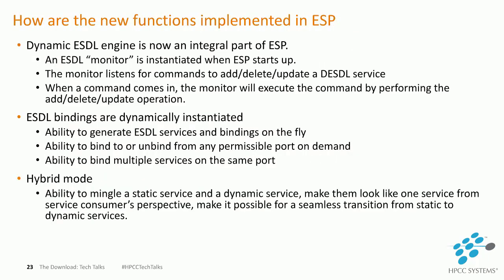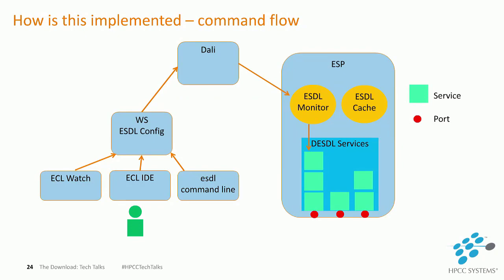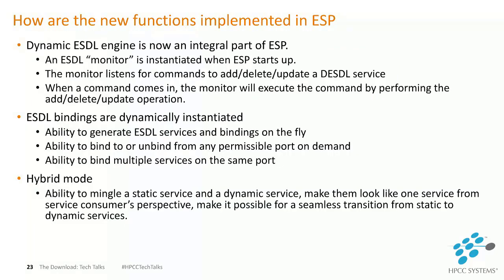So with that, how are the new functions implemented in ESP? I'll just quickly go through this. The dynamic ESDL engine is now an integral part of ESP. We have an ESDL monitor that is instantiated when ESP starts up, which listens for commands and carries them out.